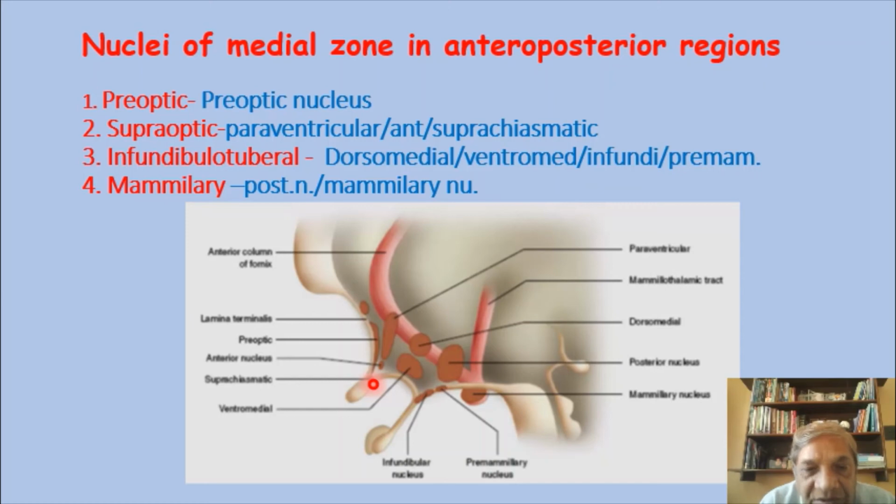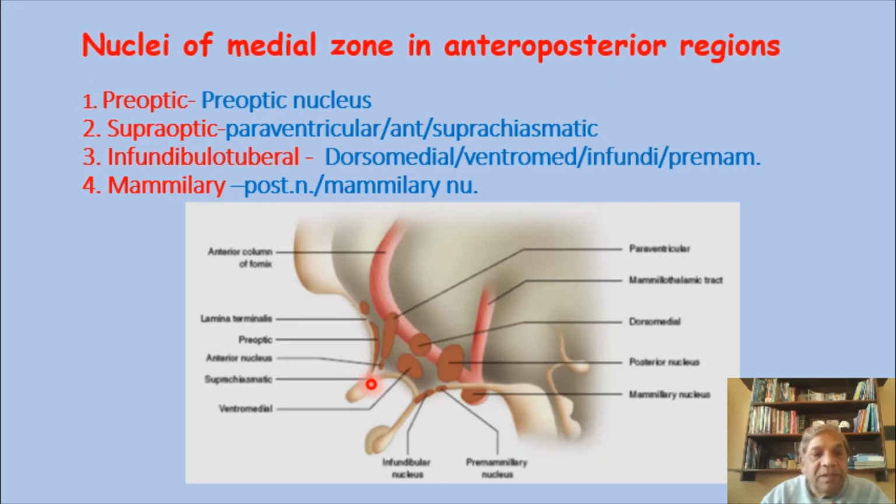So how many nuclei are present in the supraoptic region just above the optic chiasma? It is paraventricular, anterior and suprachiasmatic nucleus.